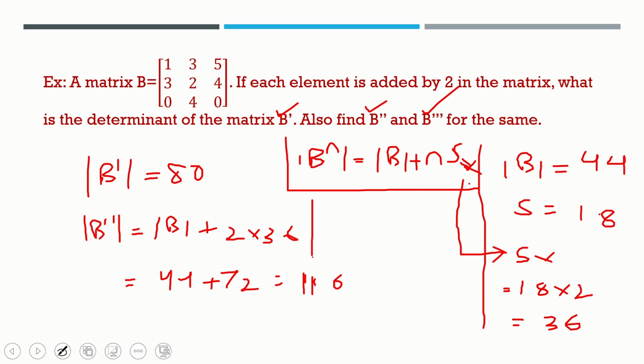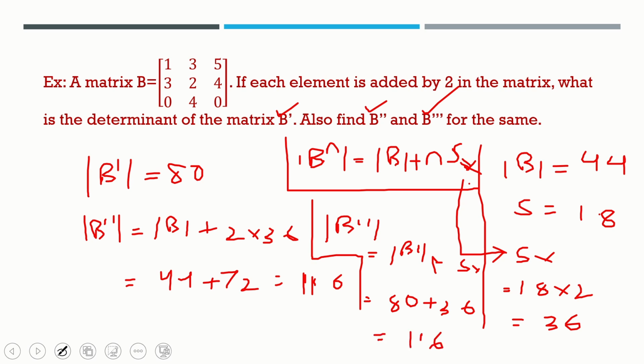Or this way also you can find it: you know this value 80 and this value is 36. This is the answer. In both cases you got the same.